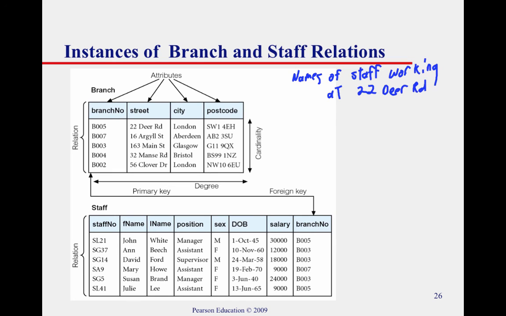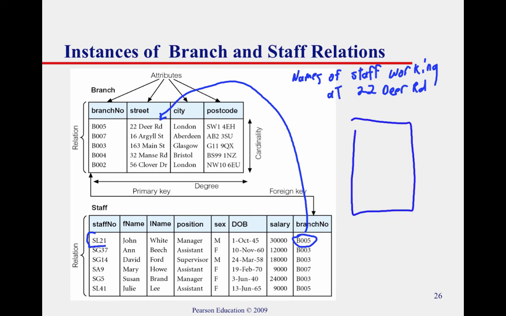Well, the only way to satisfy this query is for each staff member, you go through it, but you have to look at their branch number to determine whether that branch matches 22 Deer Road or not. So that's a view that is over 2 relations. Now, the final view would consist of only 2 fields, first name and last name, and both attributes would be taken from the staff relation, but nonetheless, the view covers an operation over 2 relations.